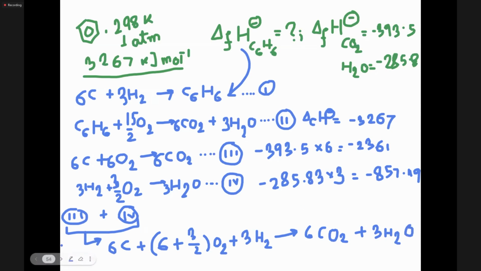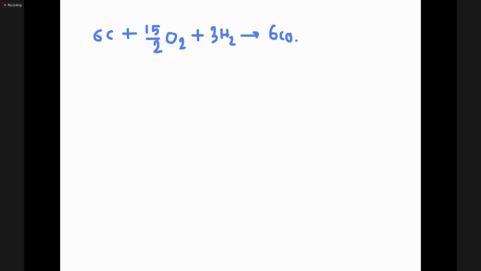And now if we calculate all these things, we'll end up getting this equation: 6C plus 15 by 2 O2 plus 3 moles of hydrogen produces 6 moles of CO2 and 3 moles of H2O.